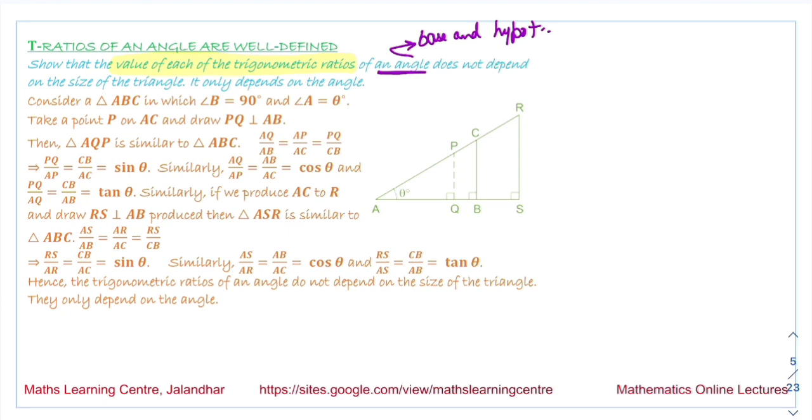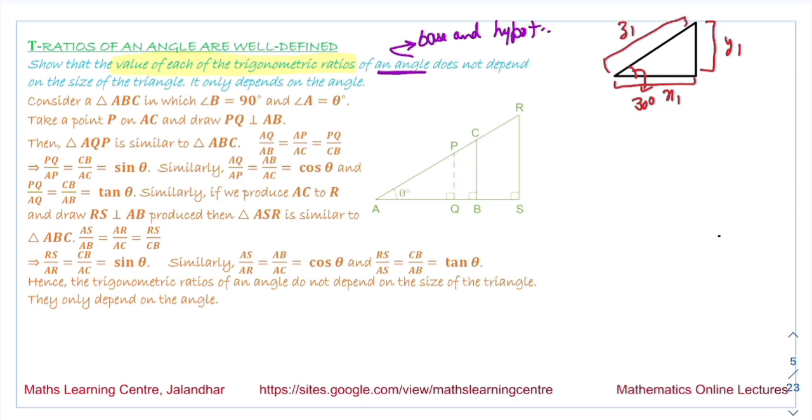What we mean to say is, suppose I am talking about a right angled triangle. I am not talking about the proof over here, I am just explaining the meaning of this term. This is the right angled triangle I am talking about. Suppose this angle is 30 degrees. We will have some lengths over here. Suppose this is x1, this is y1, and this is z1.